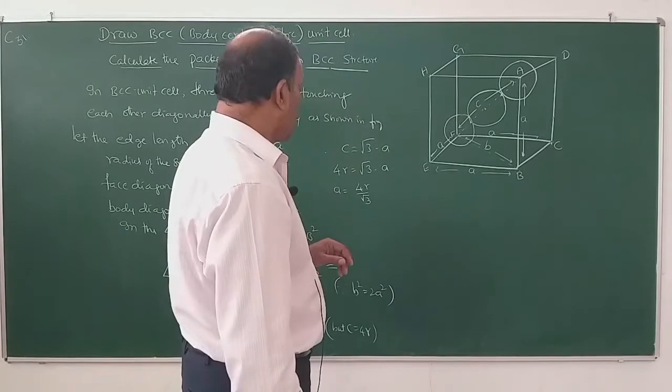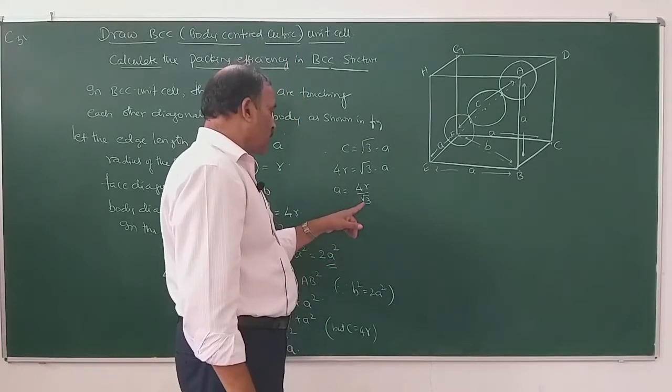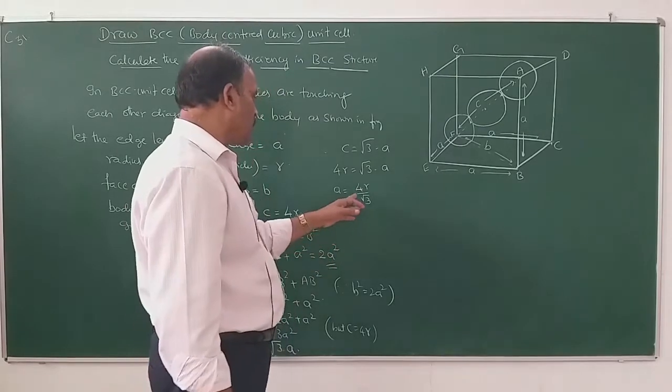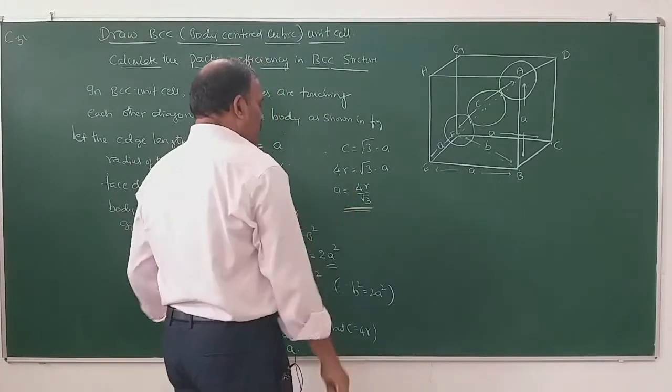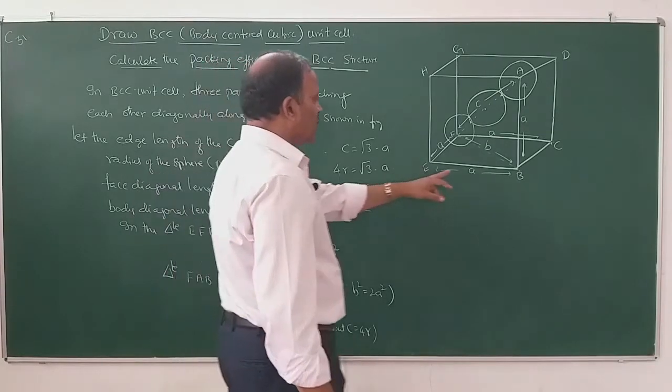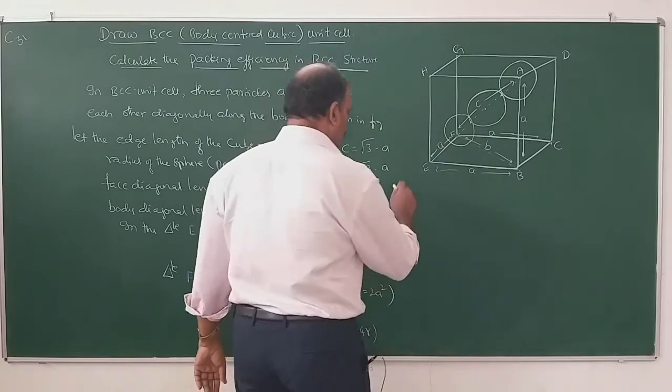In FCC, a is equal to 4r divided by root 2. Here it is 4r divided by root 3. If you know the edge length, you can calculate the volume of the cube.